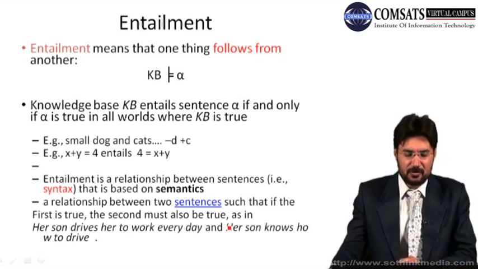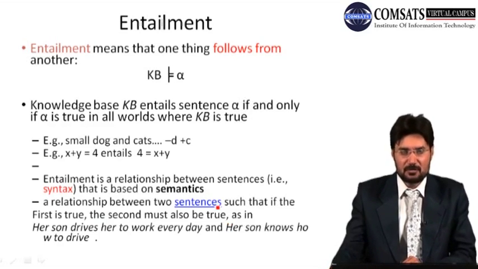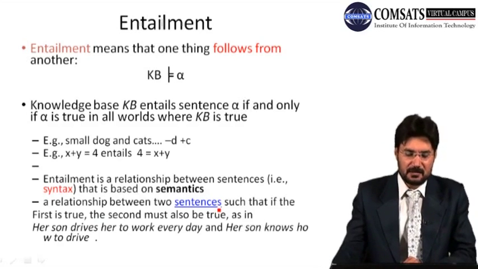If we say small dog and cats, this is not clear for us. Either both are small or only the dog is small, so we don't know. So if we convert it into some arithmetic operation or some kind of symbols, then we say minus d plus c.